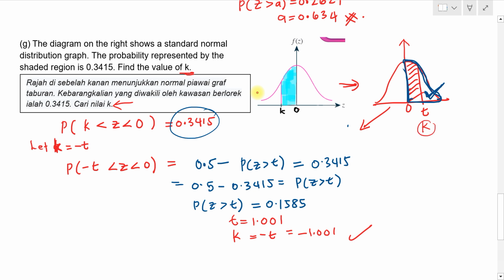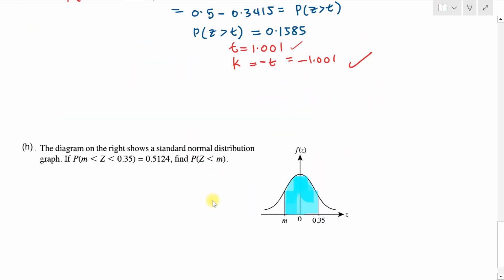Common mistake, because positive, right? And then you end up getting k as 1.001, and you forget to make it negative back. That's why whenever you see your z-score fall on the negative side, always let it be negative t. Easier, no confusion. Okay, H part.